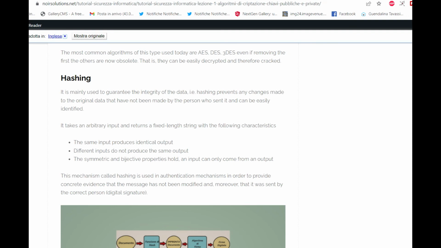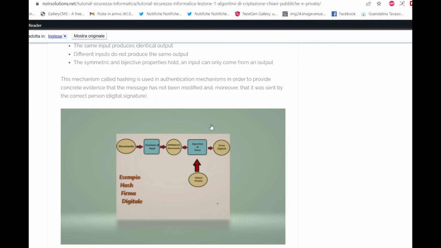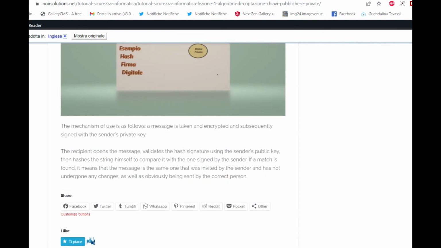The symmetric and bijective property does not hold, and an input can only come from an output, as you can see in this image. The mechanism called hashing is used as an authentication mechanism in order to provide concrete evidence that the message has not been modified, and moreover that it was sent by the correct person. This is called a digital signature.